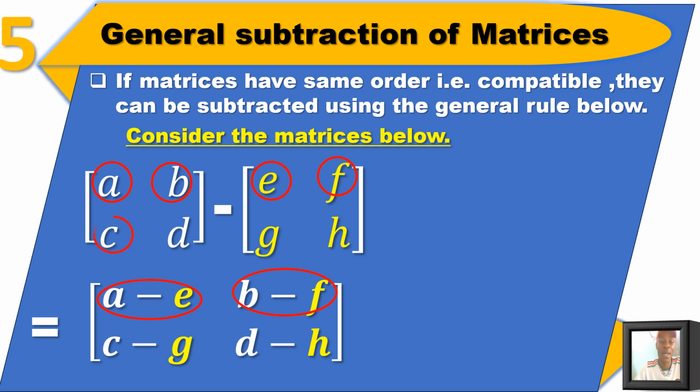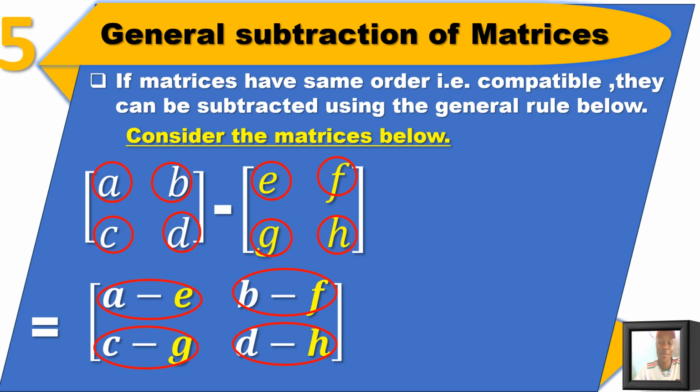Then elements C and G can be subtracted. Then D and H, lastly, can be subtracted also. So we get D minus H. So for any other matrices that you are given to subtract, you'll have to follow that procedure.